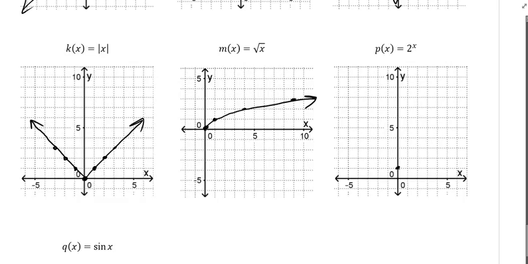So 2 to the 0 is 1. 2 to the 1 is 2. 2 to the 2 is 4. 2 to the 3 is 8. These are all from grade 11.